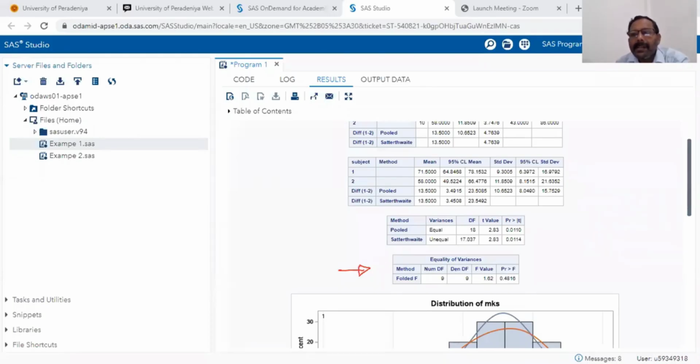Anyone? ANOVA, F test. Yeah, what is that?